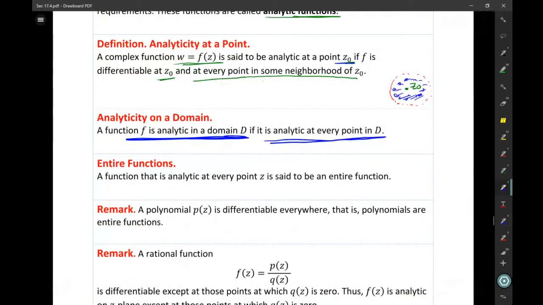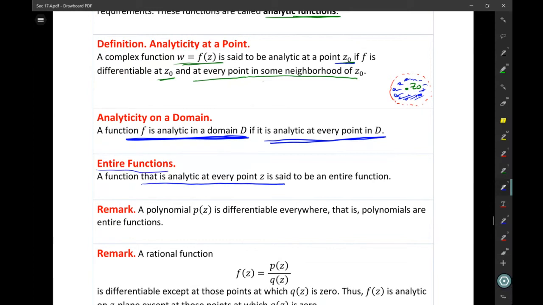Now what does the entire function mean? If the function is analytic at every point z in the complex numbers, then it is called an entire function.